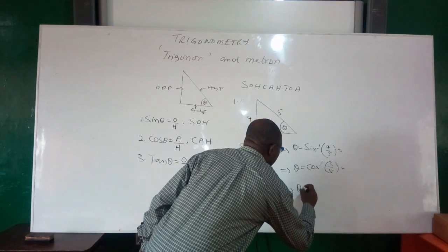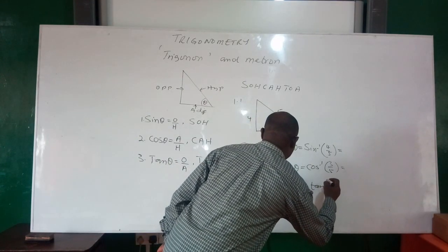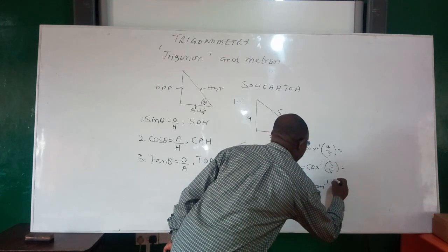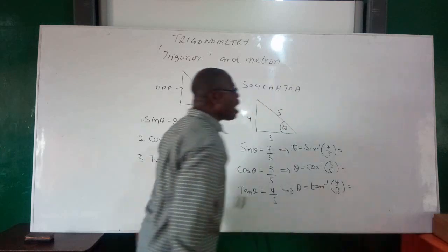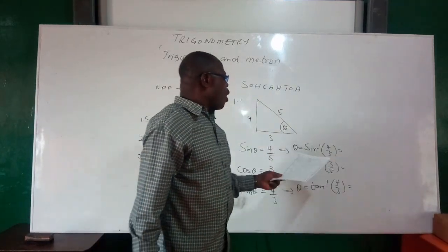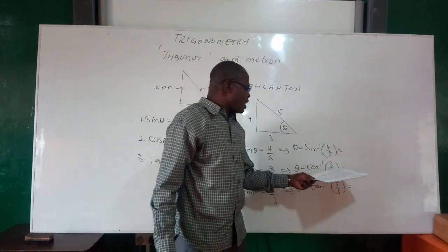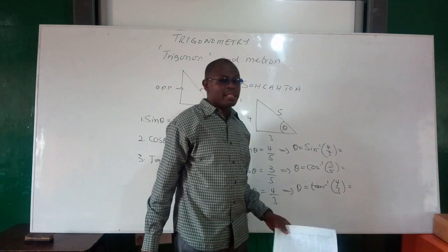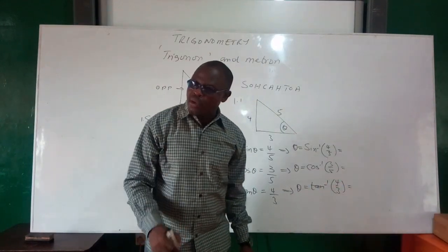So theta will also give us tan inverse of 4 over 3. Now, we can all see that though we have a different fraction for sine, a different fraction for cos, a different fraction for tan, when we find their angles, all of them will give us the same answer.